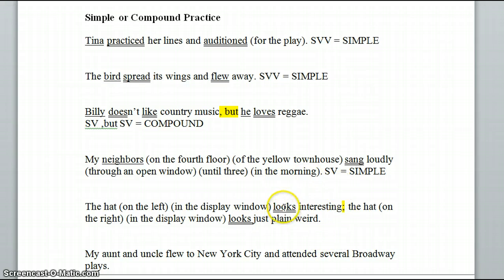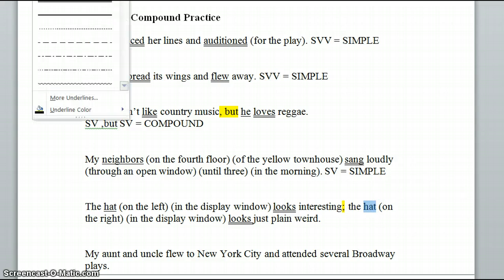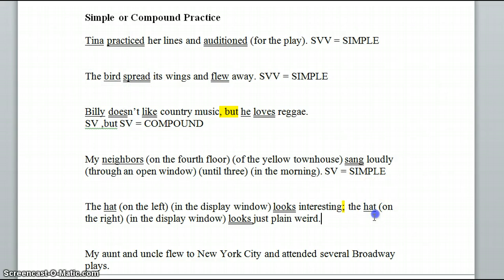Go to your first verb, looks. What looks interesting? The answer is the hat. That's our subject. Looks on the right hand side. What looks just plain weird? And if we go backwards, hat. That is our subject. This is SV, SV. It is a compound sentence.